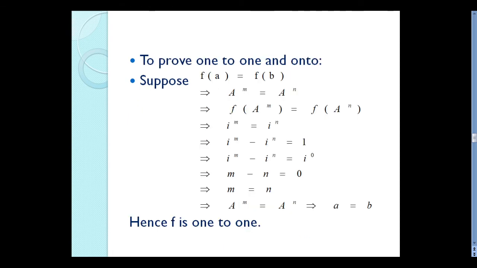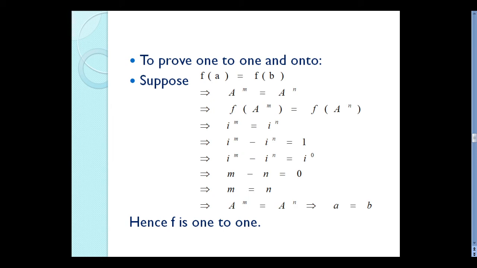Next, to prove 1-1 and onto. Suppose f of a is equal to f of b. What is f of a? As we have defined already, a power m is equal to a power n. Then you apply f on both sides. f of a power m is equal to f of a power n. This value is i power m is equal to i power n. Bring i power n to the opposite side. So i power m minus i power n is equal to 1.